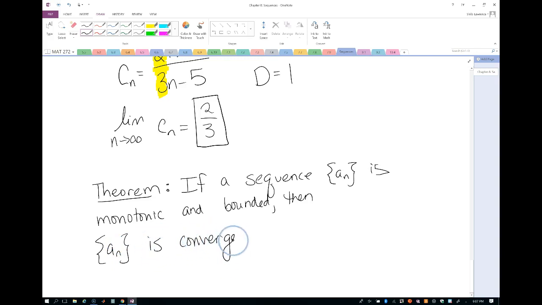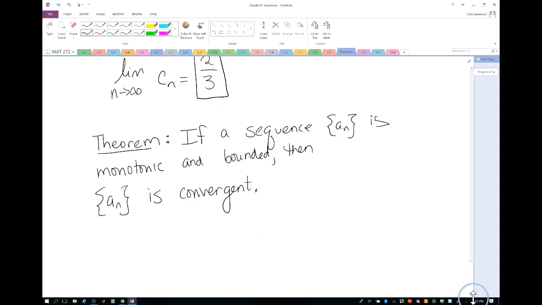Now, it doesn't tell us what it converges to, but it just guarantees that it will be convergent. So there are some words in here that we should talk about what they mean, the monotonic and the bounded.